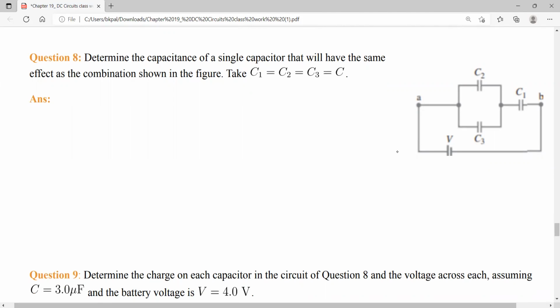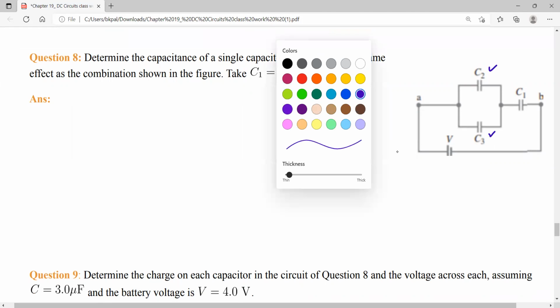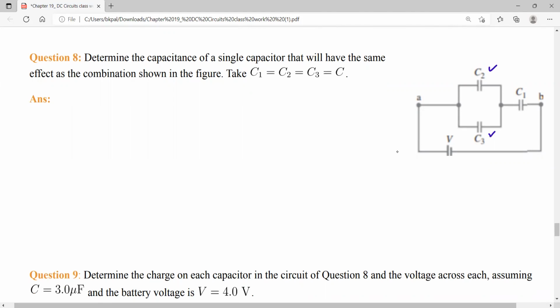You see that C2 and C3 are connected in parallel, right? So the equivalent capacitance for C2 and C3 will be just C2 plus C3. Because the values of C2 and C3 are the same, we can write it as 2C.